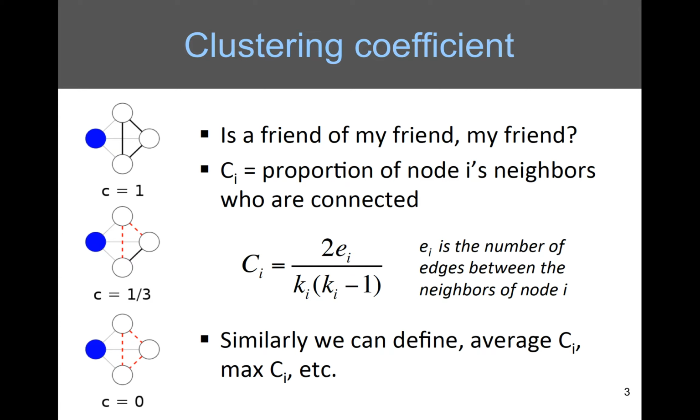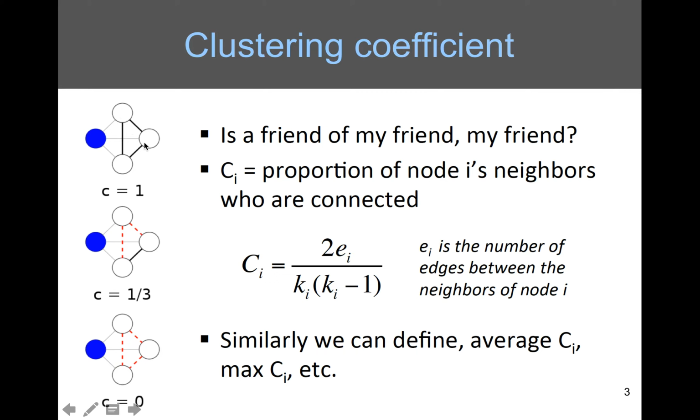It's very easy to quantify this notion mathematically, even though it looks a bit abstract. So look at these examples on the left. We have three graphs here, and let's look at everything from the perspective of this one node, which is colored in blue. So let's look at the blue colored node, and the blue colored node has three friends or three neighbors, which are these three other nodes.